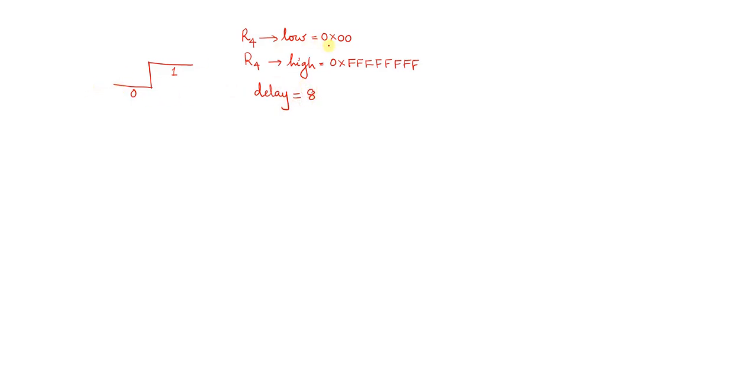That means initially, say if I have assigned the value of register R4 to be equal to 0x00, that means you are in the logic low, so you will be giving a delay of 8, and after that you are going to switch from logic low to logic high, and this logic high will persist for a delay of 8.